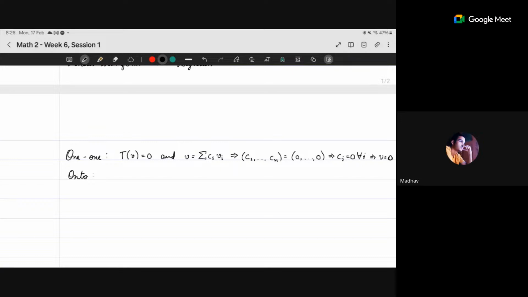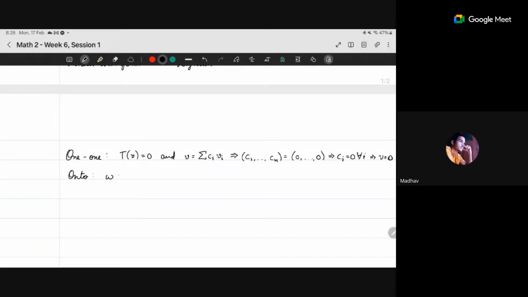Consequently, the vector itself is forced to be the 0 vector. So only 0 is mapped to 0. Everything else has at least one non-zero coefficient. So the only thing that is mapped to 0 is the 0 vector, which means it is one-to-one. Now on to ontoness.